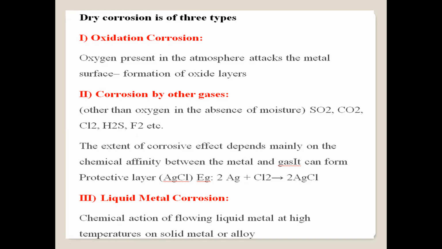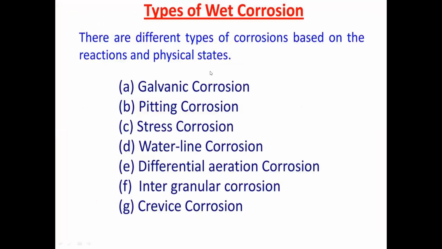Now, as we have seen wet corrosion, that is electrochemical corrosion. Electrochemical corrosion or wet corrosion is of the following types, based on the reaction and physical state.